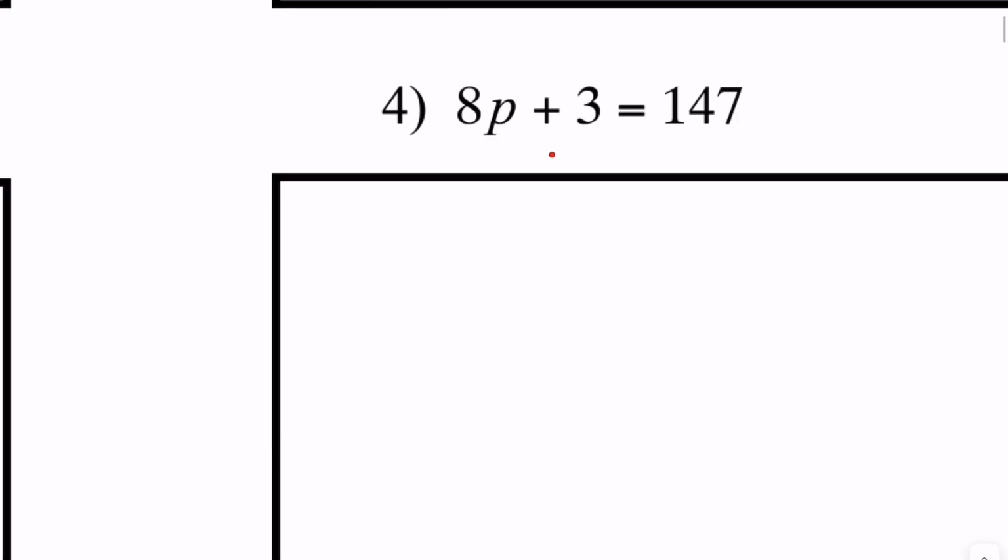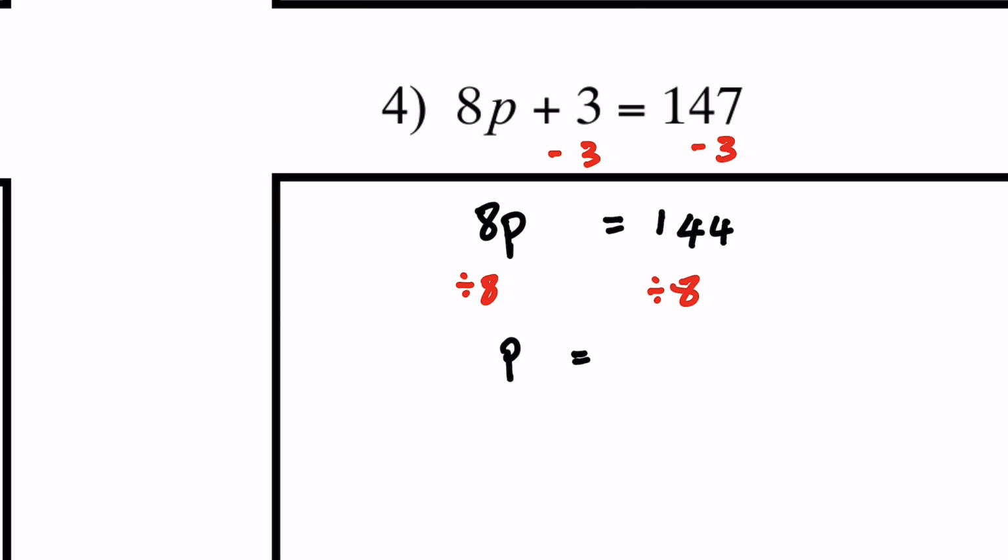All right, subtract 3 from both sides, we get that 8p is equal to 144. Now we can divide both sides by 8, and we get that p is equal to 18.